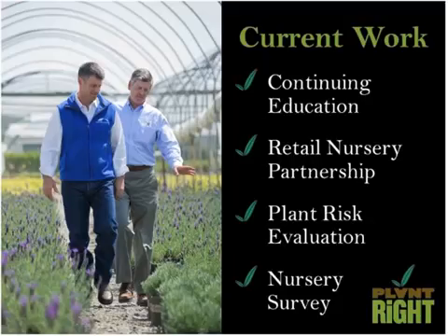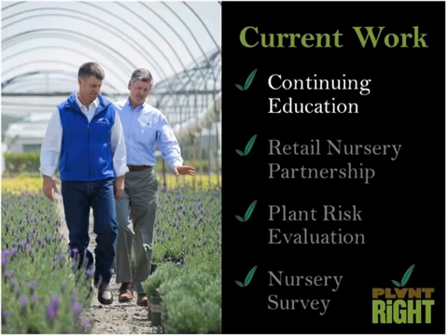Currently, there are 4 main tiers of our program, as you see here on the screen, things that we're currently working on. And as our outreach and education efforts have evolved, we've started a continuing education program at the end of 2013. This is geared towards individuals with a range of existing knowledge, from avid gardeners to professional landscapers to landscape architects to individuals like yourselves who would like to bolster their existing knowledge and stay up to date on issues surrounding invasive plants in California.